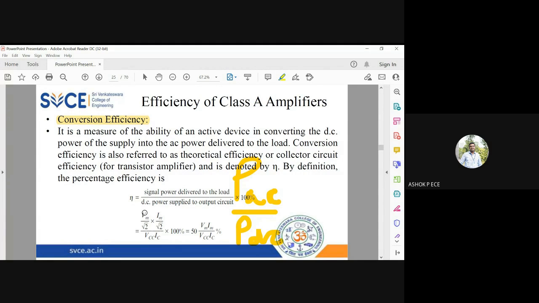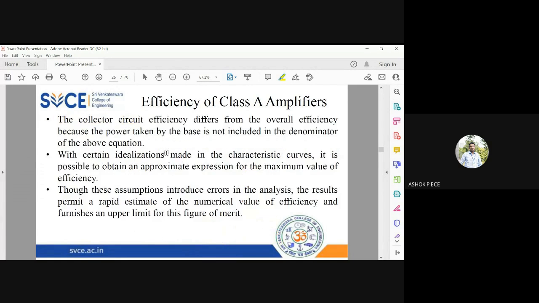VRMS is VM by root 2, and IRMS is IM by root 2, divided by VCC into IC. So VM into IM by 2 over VCC IC, into 100 percent. The 2 over 100 becomes 50, so it is 50 into VM IM divided by VCC into IC. This is the expression for conversion efficiency of your class A power amplifier.